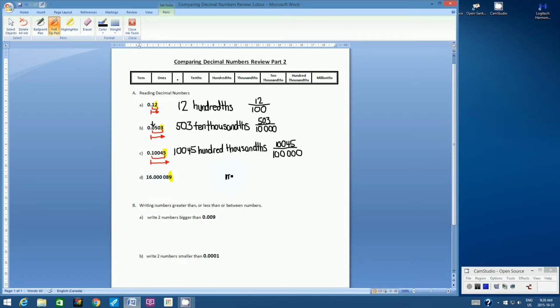Okay, so I'm going to give a little bit more room here for something else. So I'm going to write my place value column, millionths.